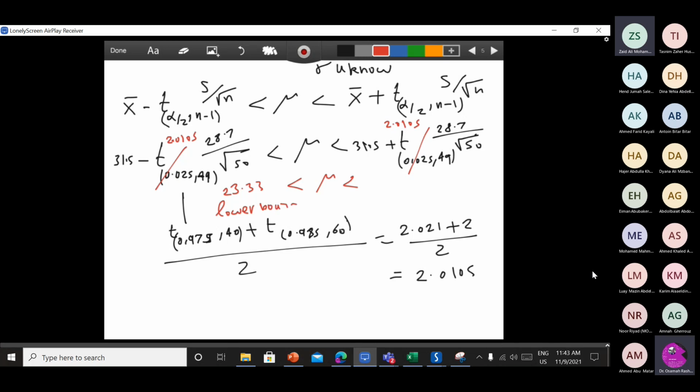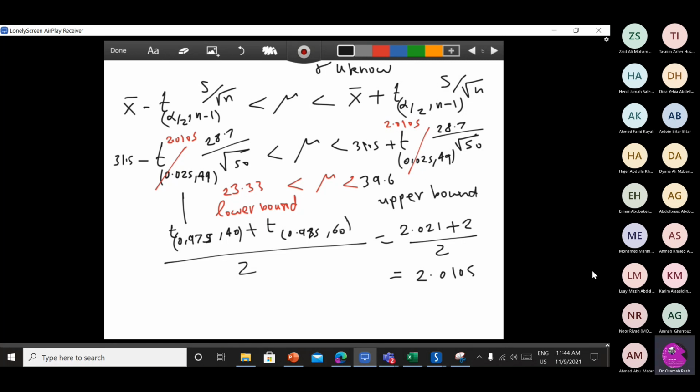Doctor, I have a different value, 8.16. 8 will be only this part, right? You forgot 1.5. Okay, I catch you. This is the lower bound. And the upper bound? 39.6. This is the upper bound.